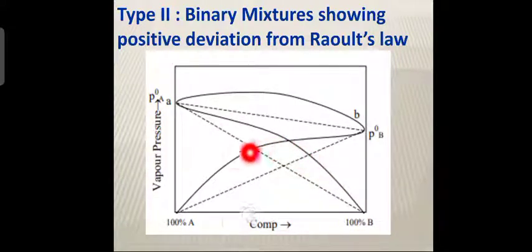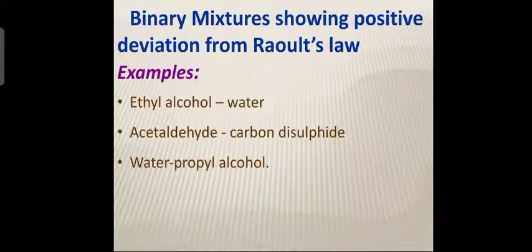That means as you decrease the percentage of A as you move from left to right, or in other words increase the percentage of B, the vapor pressure goes on increasing and is not the same as that of the ideal solution. You can see the curve obtained like this, increasing.